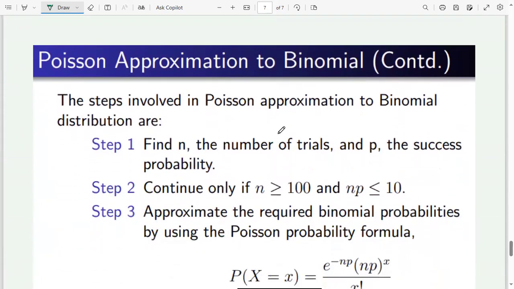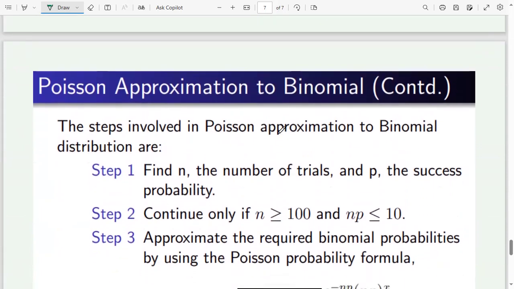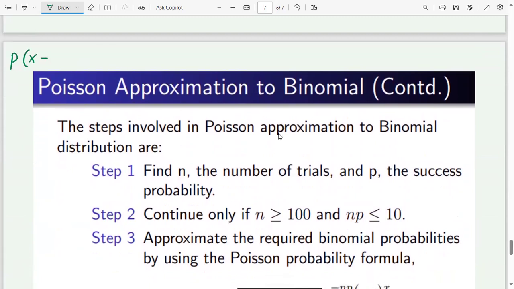अब एक प्रॉब्लम आता है, द प्रॉब्लम इज often we are not able to calculate binomial using our own calculators. For example, if you have any doubt, try calculating binomial probability of x is equal to 50 when your n is greater than 100.